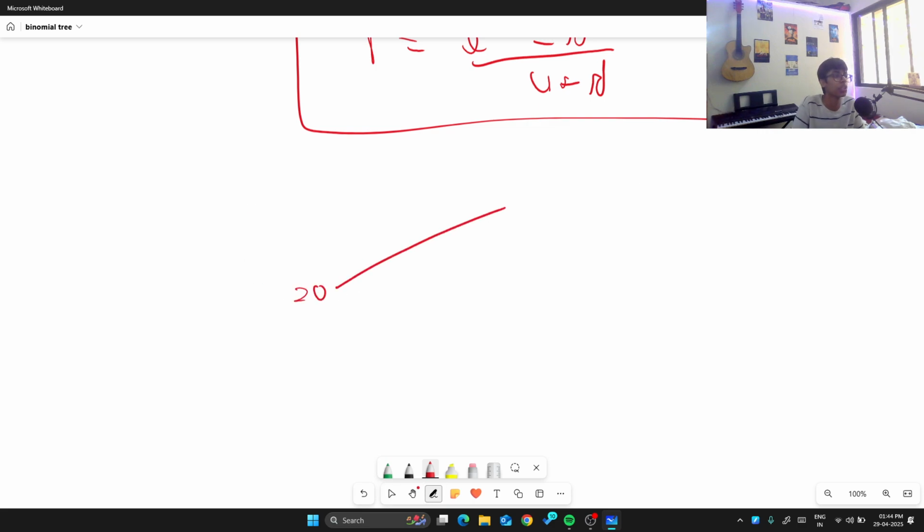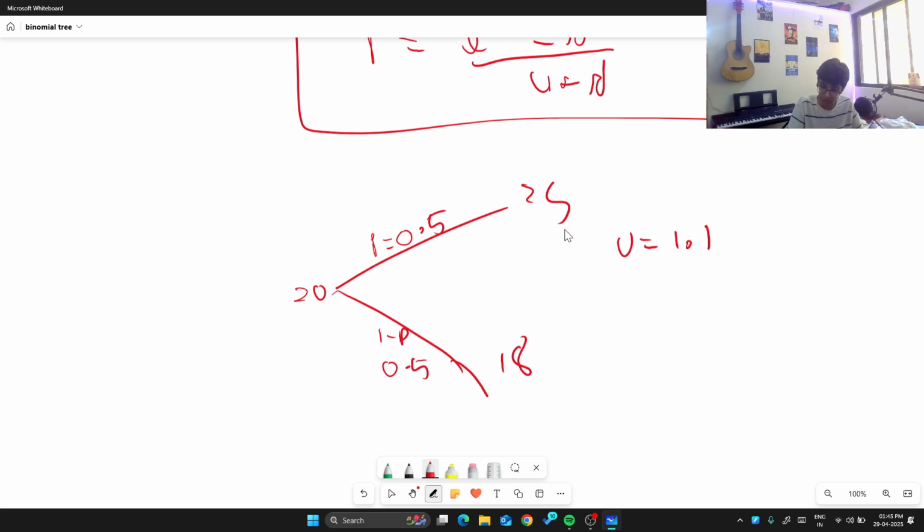If the price is 20, the probability of going up is 0.5 and 1 minus P is also 0.5, and here the probability is calculated. Like if the up movement is 1.1, the down movement is 0.9.